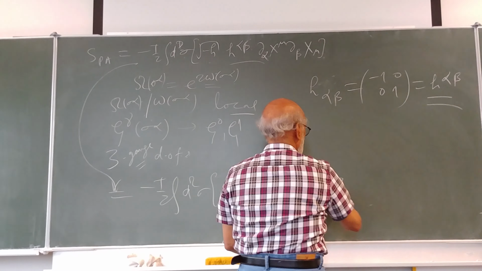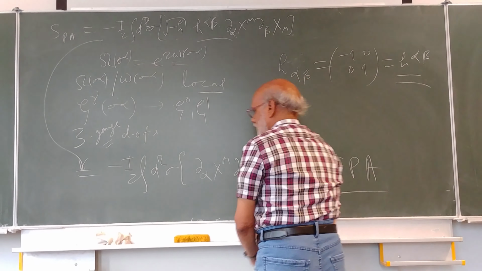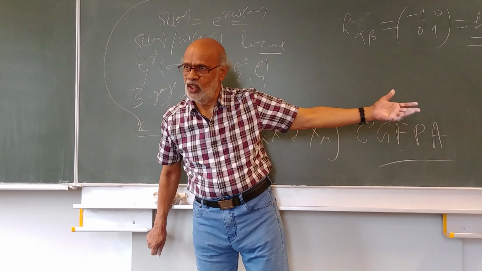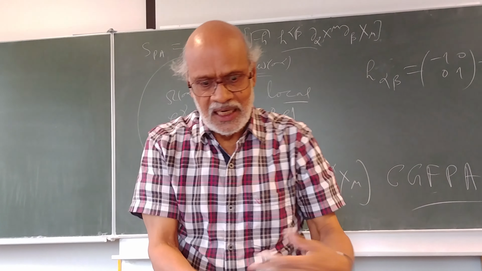So this is your conformally gauge fixed Fourier coefficient, right? And this is what we would be considering in connection with the RNS superstrings when we add this.